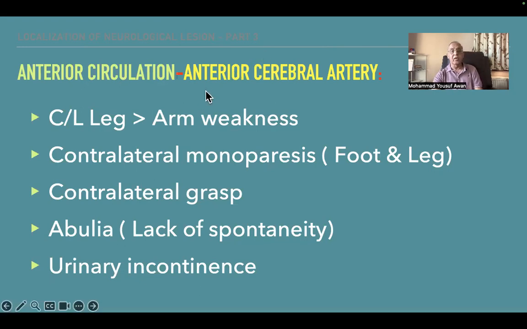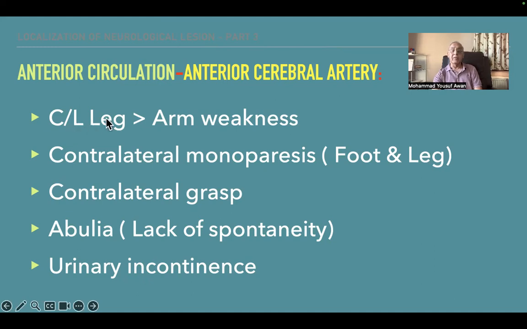In the anterior circulation, both the anterior cerebral artery as well as the middle cerebral artery may be involved. This is the complete anterior circulation stroke when both the arteries are involved. If either the anterior or the middle cerebral artery is involved, that is called the partial anterior circulation syndrome.